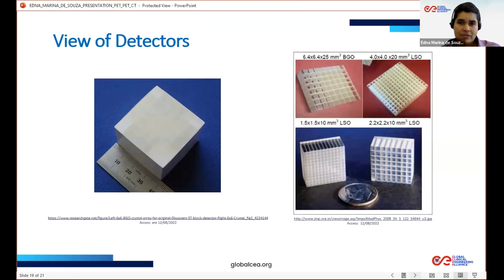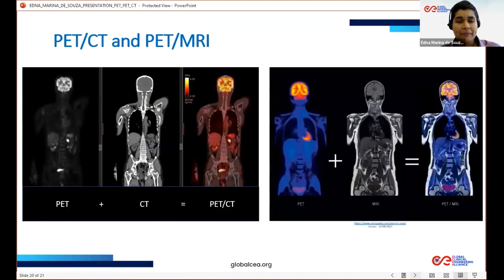Small detectors contribute to increase the spatial resolution of the images. However, we have to remember that spatial resolution does not depend only on the size of the detector, but also on other factors.